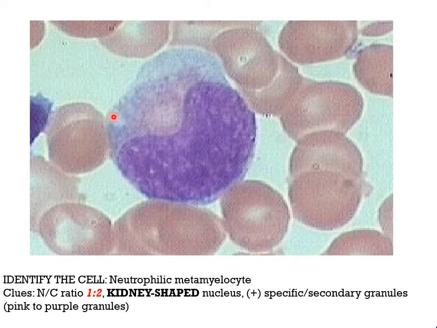So, nasa neutrophilic metamyelocyte tayo. Okay? So, as a review, ang myeloblast, walang granules. Promyelocyte, may primary granules, so wala pang specific name. And the next stage, yung myelocyte and metamyelocyte, may specific name yan dahil may specific or secondary granules na sila.